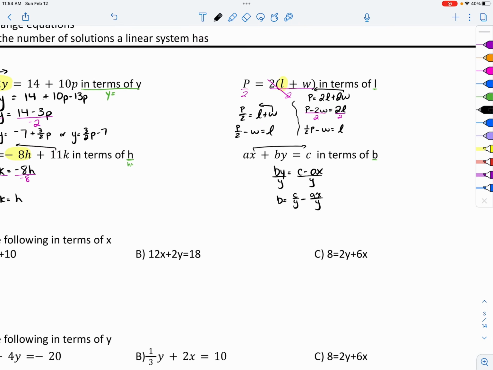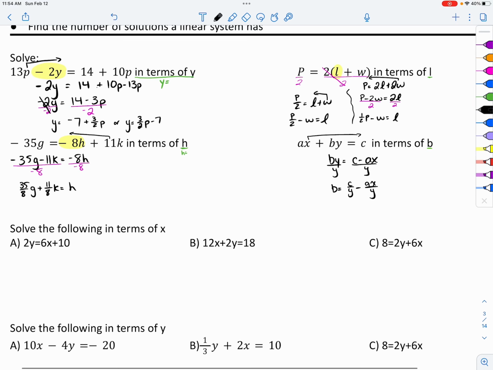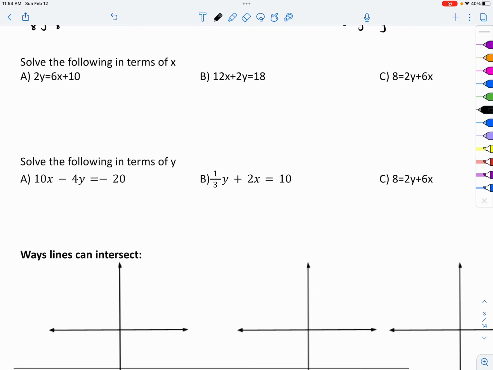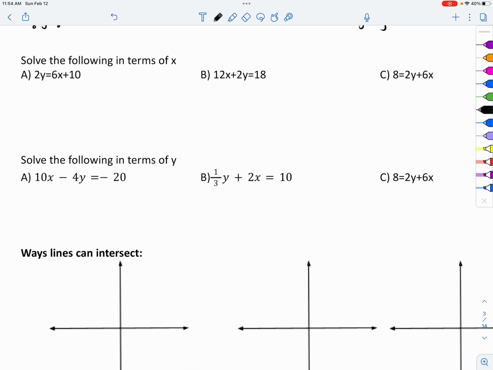You do a lot of that in science. In math, we do a lot of rearranging. We're going to look at a concept coming up shortly called substitution. And in order to use the concept of substitution, you need to have one equation with a variable isolated. So you can isolate, if we're talking math stuff now, it's x's and y's.